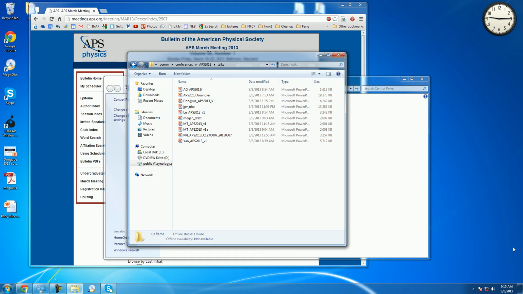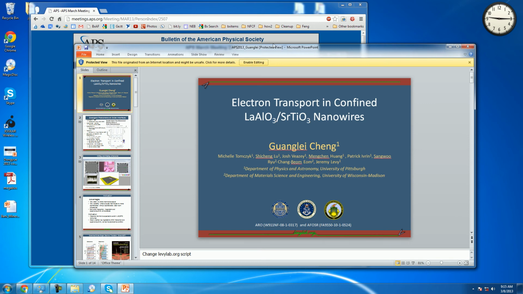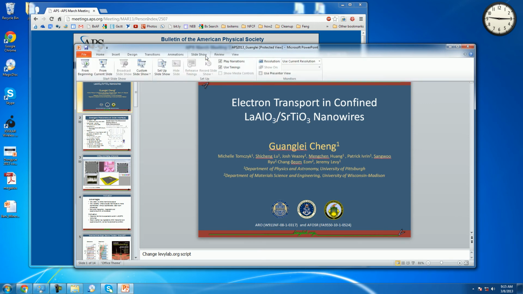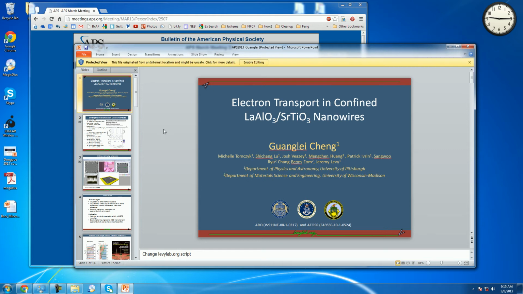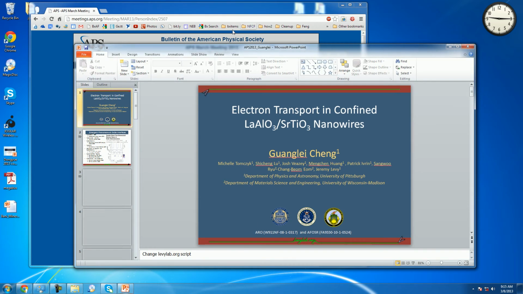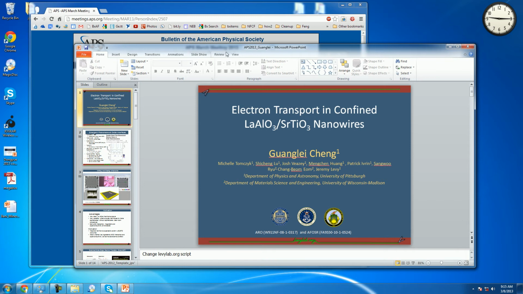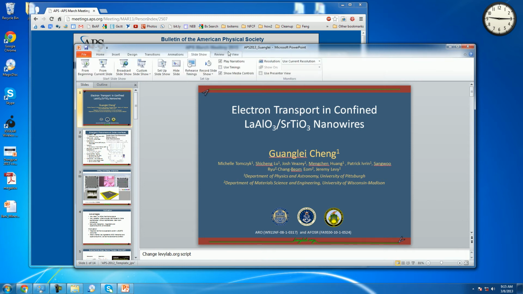I think when you do your PowerPoint thing, you can use the timer feature, because then it'll automatically time the talk. No, you have to enable editing. And that's timing? Yeah.